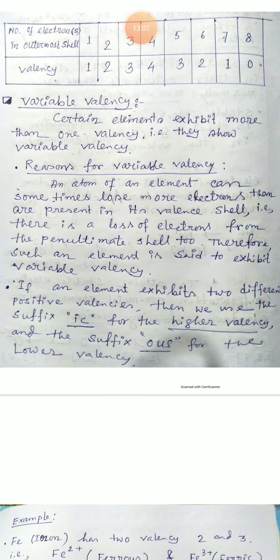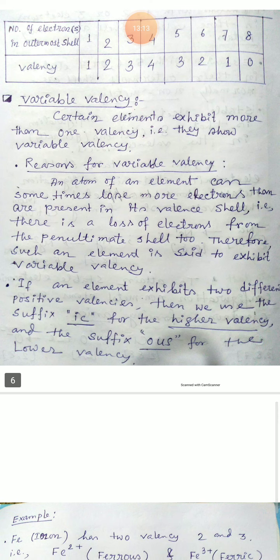See the next one. If an element exhibits two different positive valencies, then we use the suffix -ic for the higher valency, and we use the suffix -ous for the lower valency.